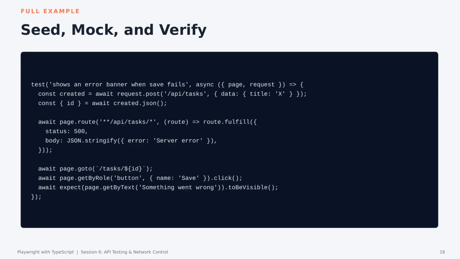Then we navigate to that task in the UI, click Save, and assert that a something went wrong message becomes visible. This test seeds through the API, mocks a failure through network interception, and verifies through the UI, genuinely all three techniques from today, working together in one focused test.